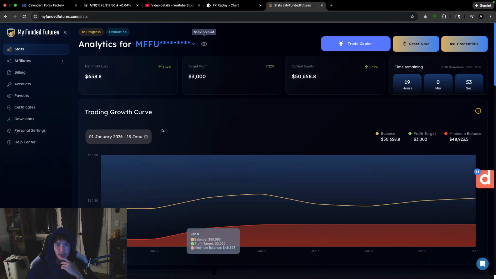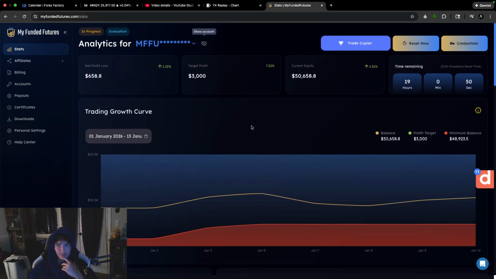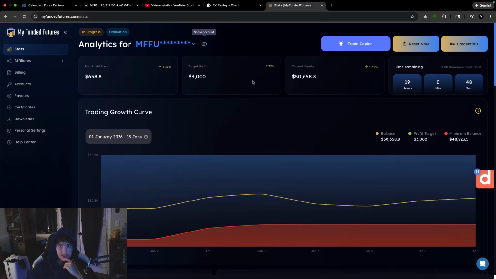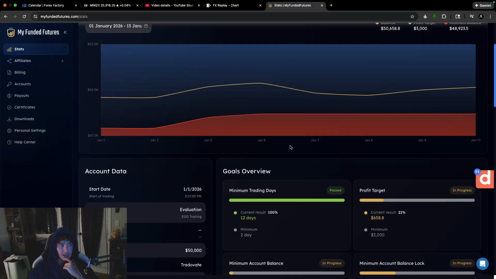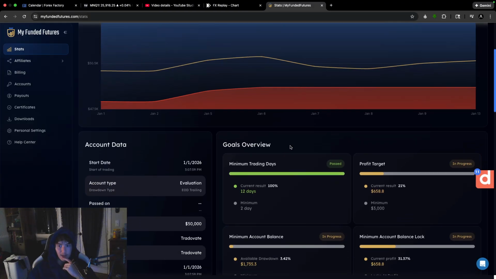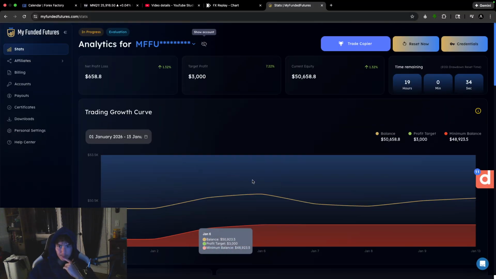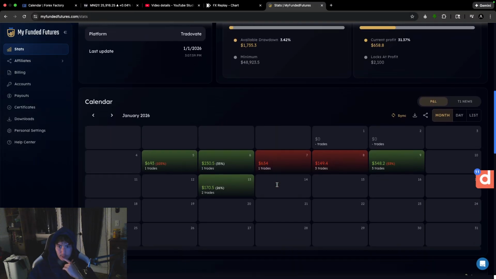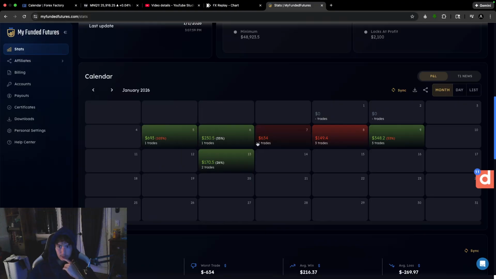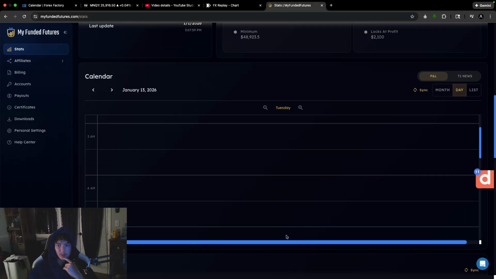Currently sitting at $50,658. We have unfortunately traded this for 12 whole days, which is pretty bad. We had a green week last week. This should have been a much better day.